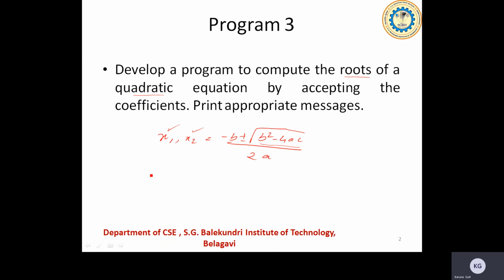The meaning is very simple. Let the discriminant d be b square minus 4ac.